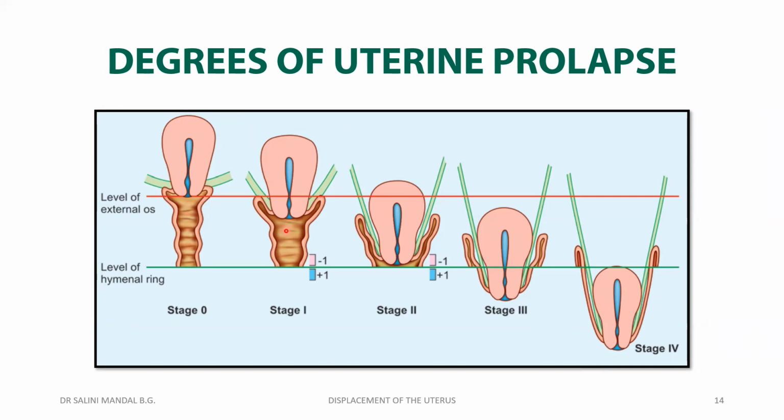In the second degree, the external os protrudes outside the vaginal introitus, but the uterine body still remains inside the vagina. In the third degree, the entire uterus, cervix, and the body descends to the outside of the introitus, which we otherwise call procidentia.